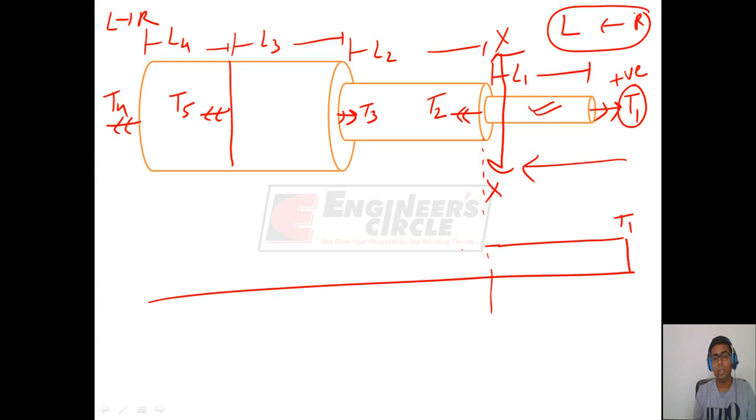Now there is a change in loading at section XX. So mark another section just before the application of another torque, that is, mark this new cross section XX, and see all the torques that are acting to the right of this cross section. The torques acting to the right are T1 and T2.